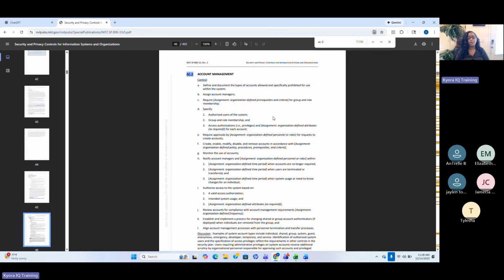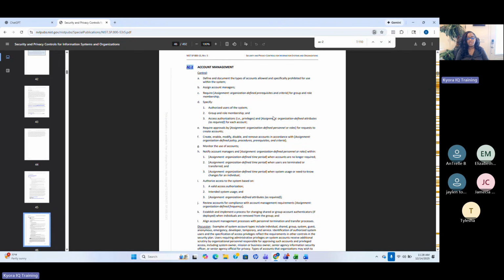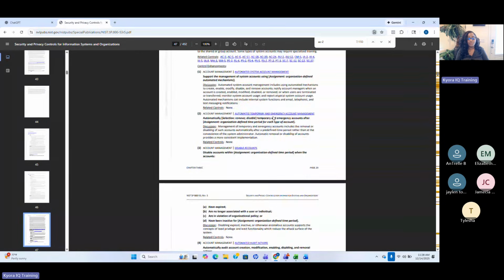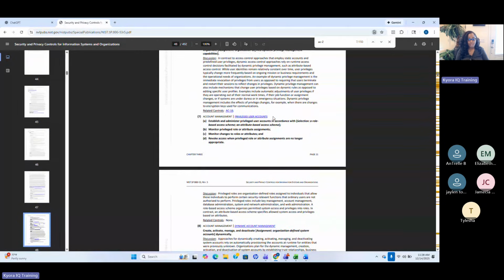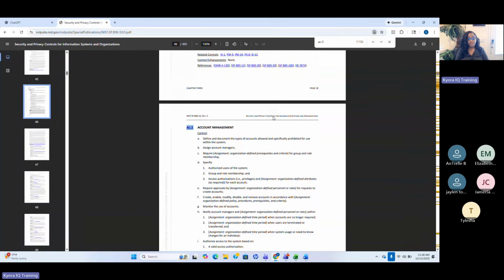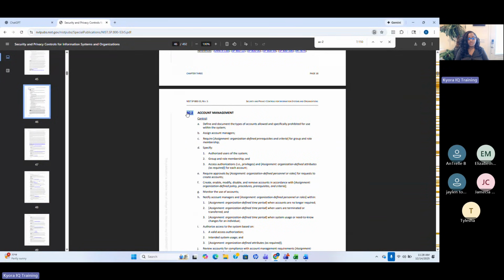We had to do in-depth research, but we didn't have ChatGPT to break down these concepts. Because when you look at this, especially if you're new to security, you're like, oh my God, this is one control and it's this long. What? I don't even understand what this stuff means. Now we have ChatGPT to make it easier to understand.